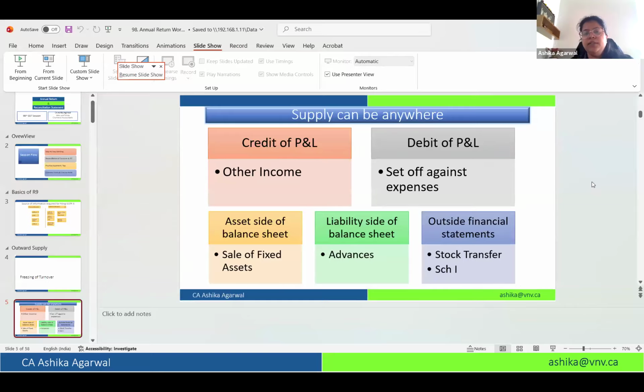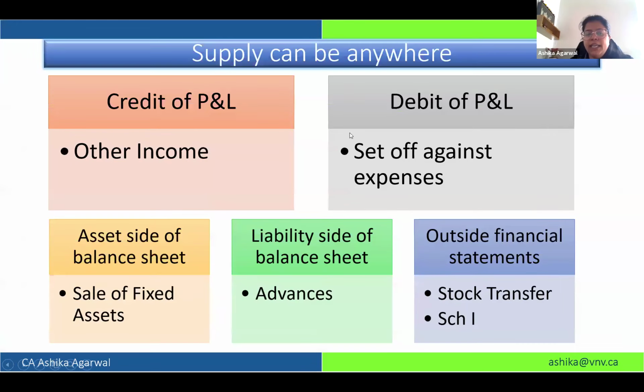Again, if you see sale of fixed asset, we have already discussed. For this, you can refer to your fixed asset register, as we are doing 9C when the whole books of account have been closed. You can go to fixed assets and see that deletion will be there.